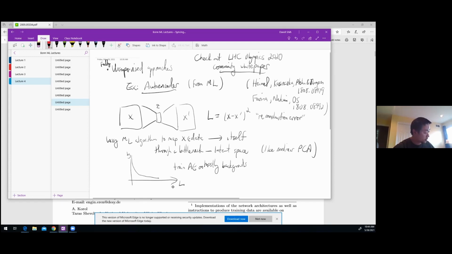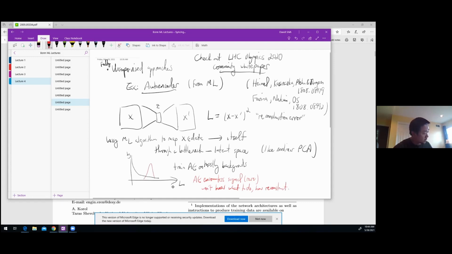And then when the AE encounters a signal, let's say the signal is rare, then in an extreme case, if it's only been trained on backgrounds and you feed it some signal that it hasn't seen before, that's not in the background sample, the AE won't know how to reconstruct it.